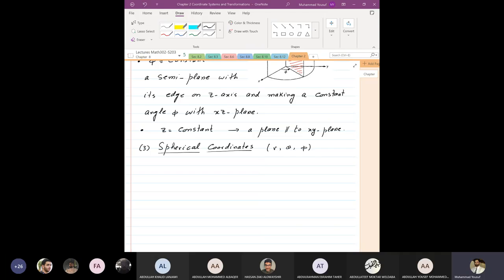Let me also do the same thing and copy and paste that figure here, which will help us to be able to write these equations.